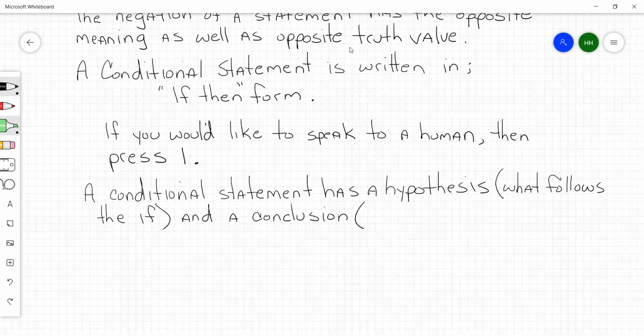And that is what follows the then. A conditional statement has a hypothesis and a conclusion.